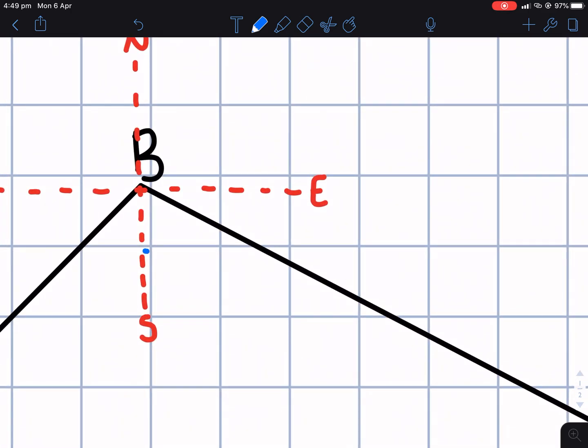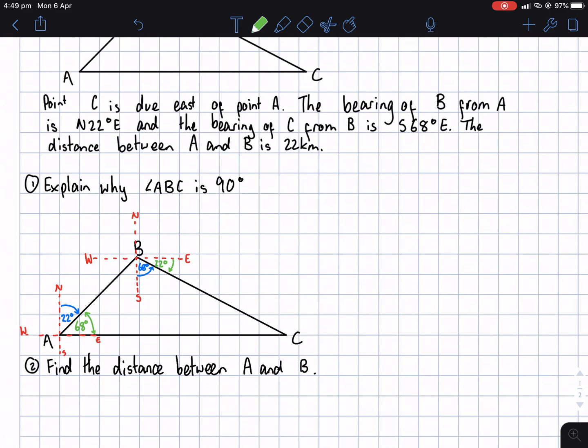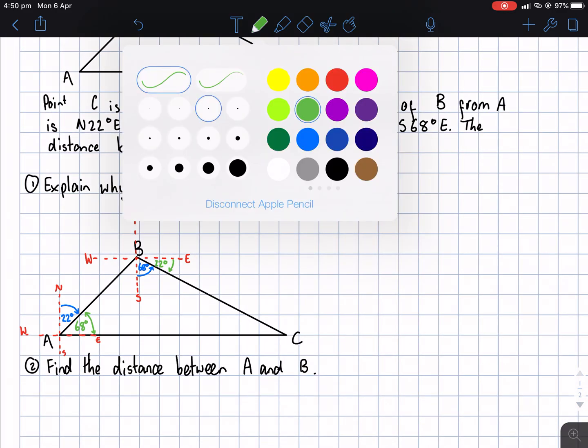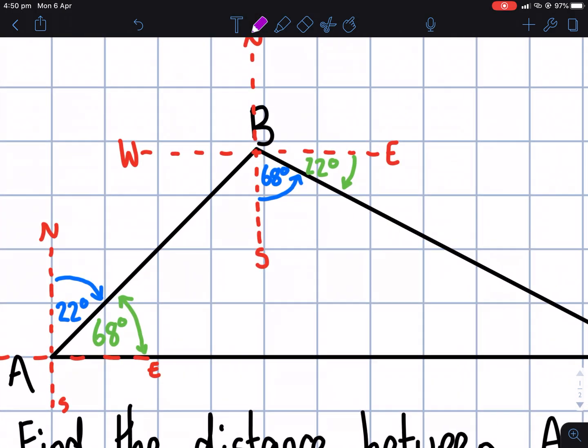So that's from south, you're going 68 degrees towards east. If that's 68 degrees, what would this outside angle be? 90 take 68, 22 degrees again. And they're saying the distance between A and B is 22 kilometres.